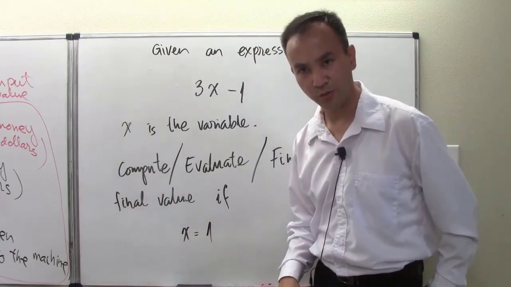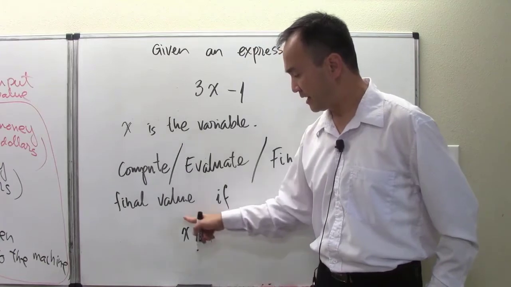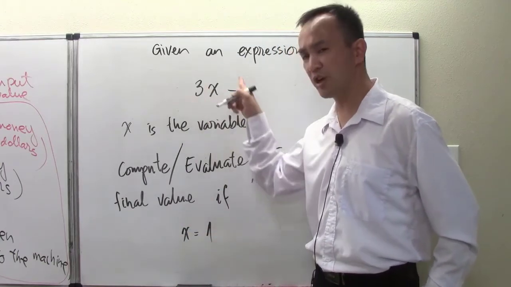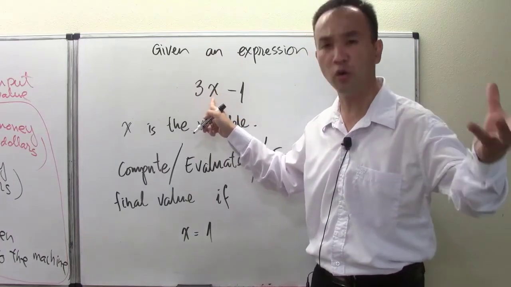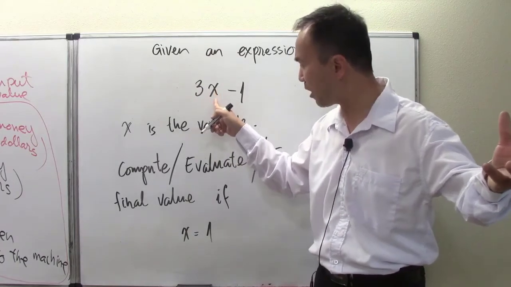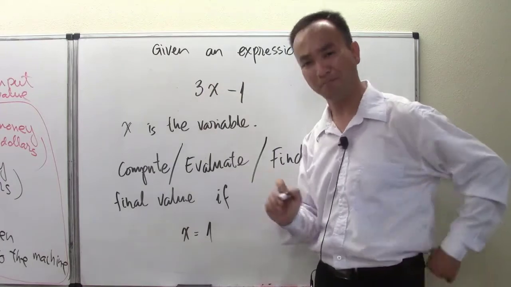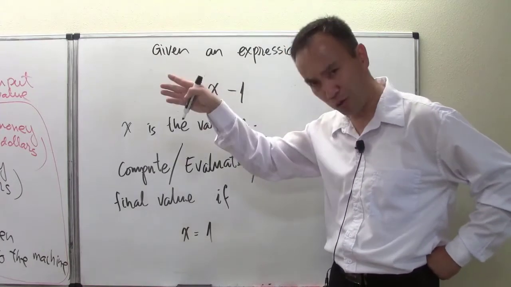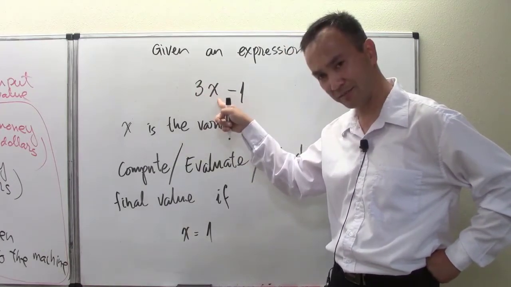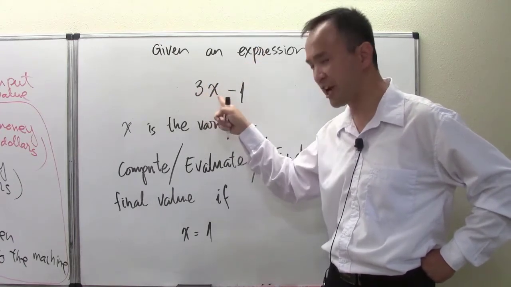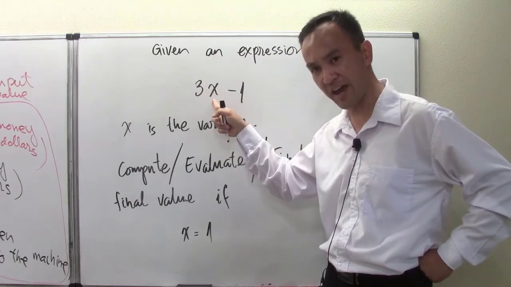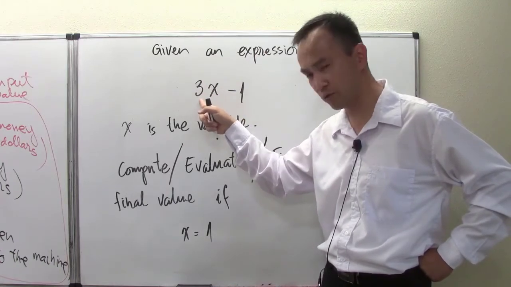If x equals 1. So the idea now is that this expression is only a general expression that says, hey, anytime you know the value for x, you just multiply x with 3 and subtract 1. For any value of x, you multiply x by 3 and subtract 1.